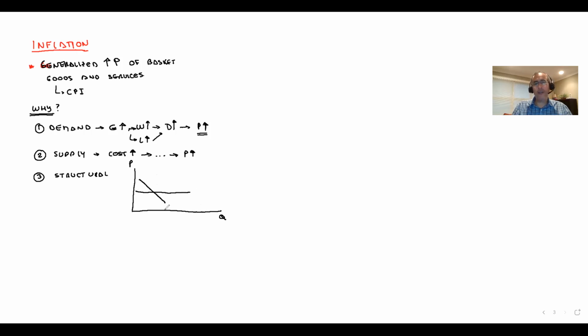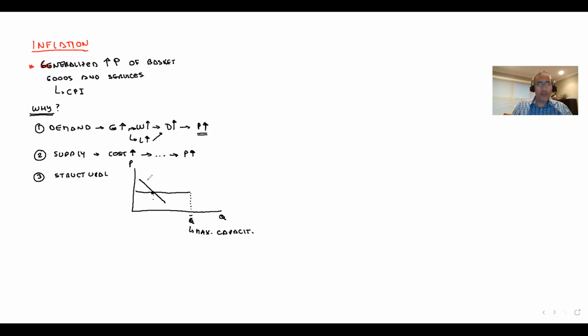My demand is like that, and it stays flat until you achieve something called Q bar. This is maximum production or maximum capacity. So just imagine that you have already built your buildings, your factories, etc., and then you face this demand. The price is going to be fixed at this level and for this quantity here.